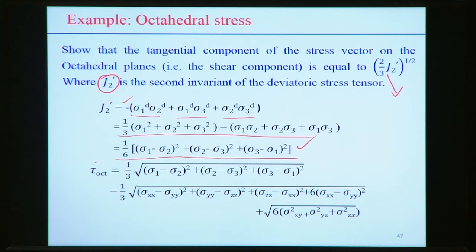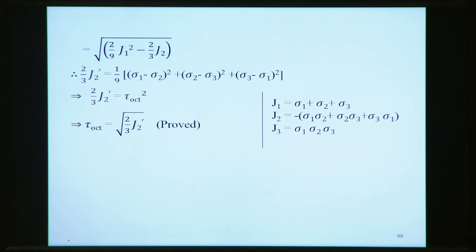Now what is the shear stress on the octahedral plane? We have already derived this, and in terms of the x, y and z axes, that is the component of the octahedral shear stress. Which is equal to 2/9 of the first invariant squared and 2/9 of the second invariant, and then we can find 2/3 of the second invariant.